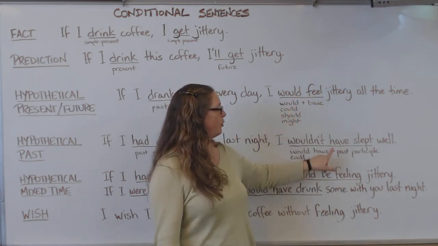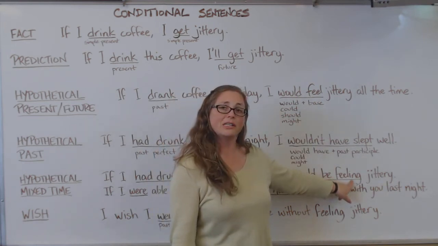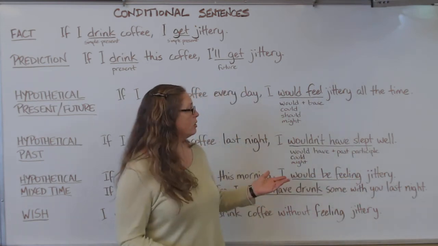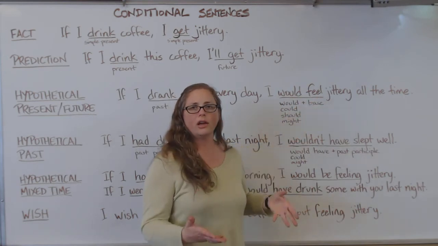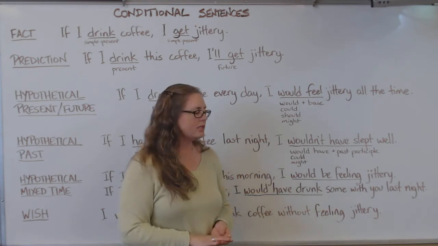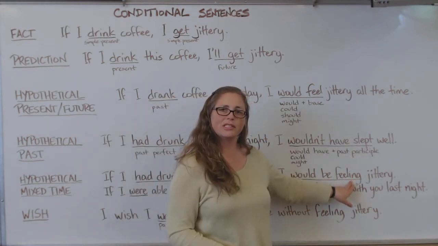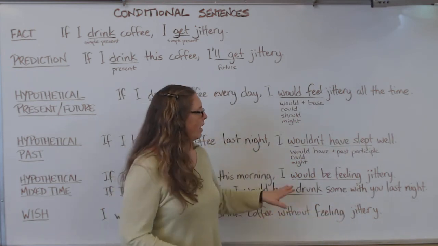Would plus a base form. This is the base form of be with the present participle, which means we're talking about right now. You can do this. You can use just the base form, would feel, talking about simple verb tense, or you can use the be plus the present participle for a progressive idea.